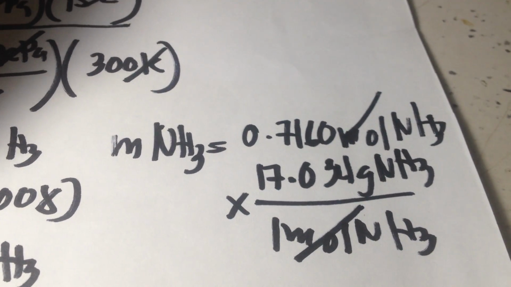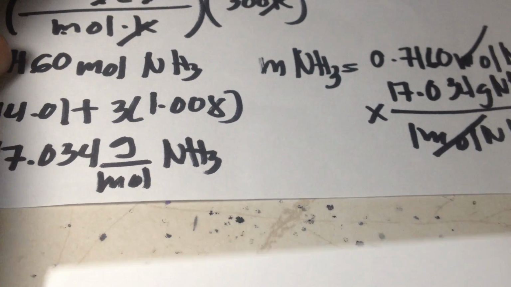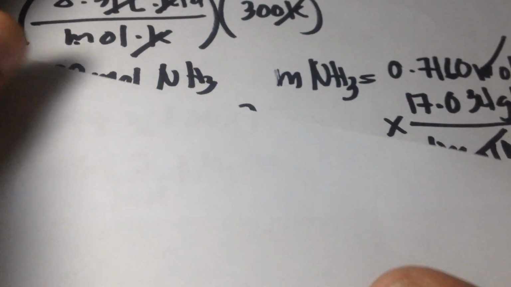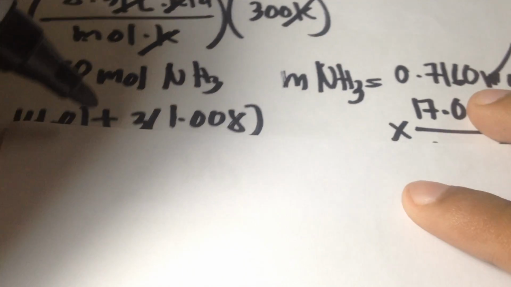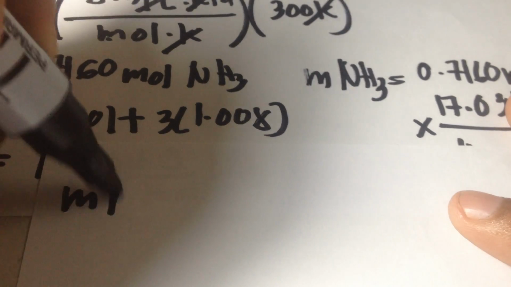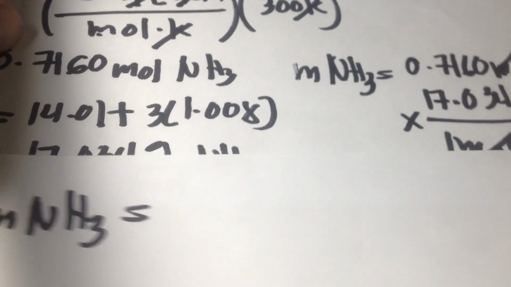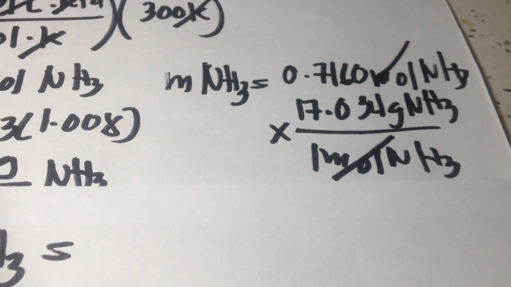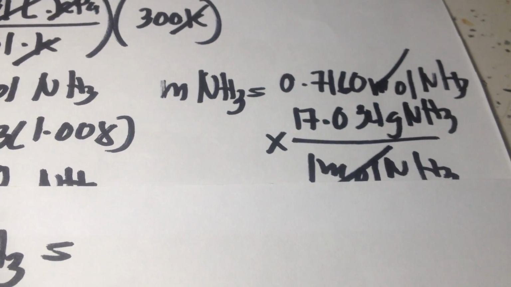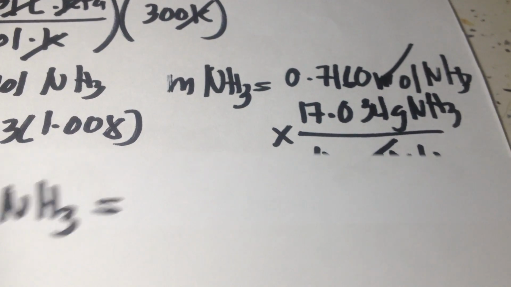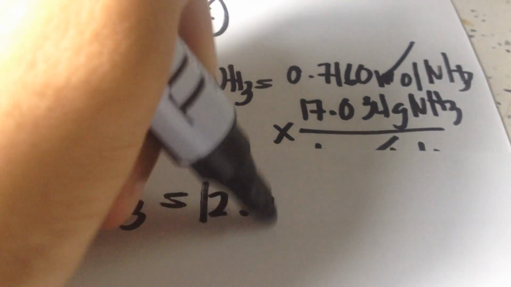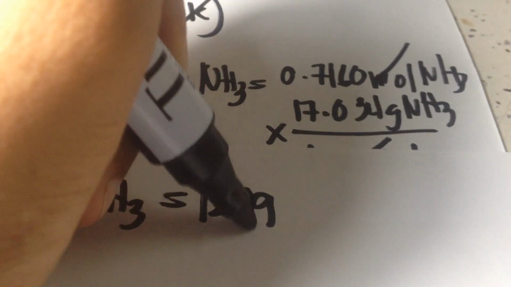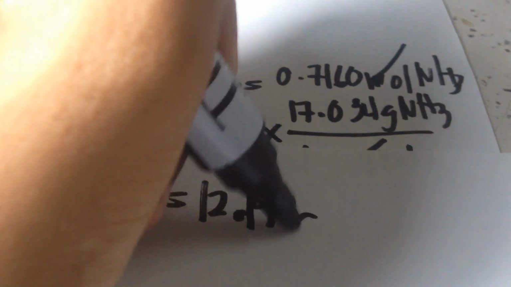So mass of ammonia is equal to 0.716 times 17.034, so equals 12.19 grams of ammonia.